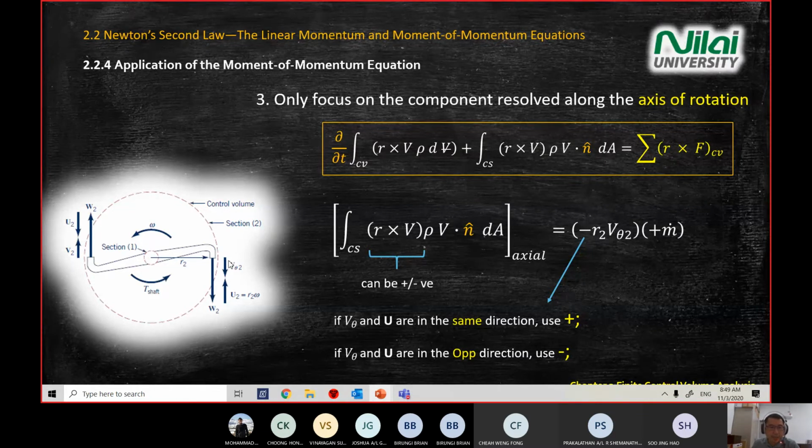How we explain it is that you look at the scenario. When your water sprays out from the nozzle here, your fluid flows out with the velocity V at angle theta 2, in this direction, from the end of section 2.